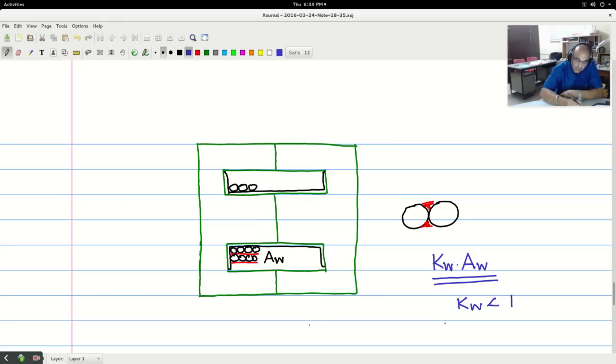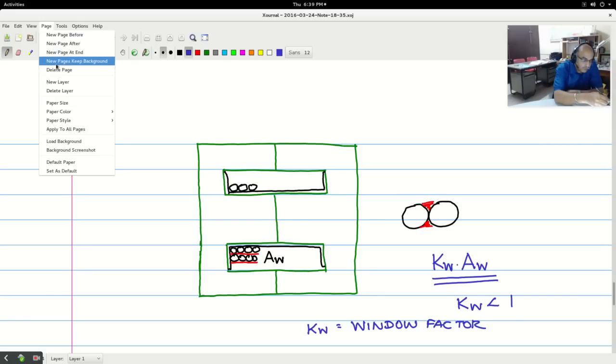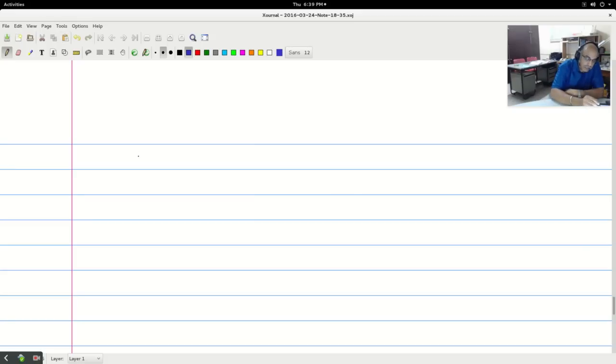So kW is called the window factor. And this window factor can vary from transformer application to application, but in general it goes most on experience.